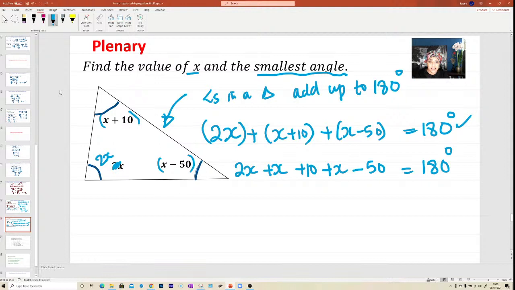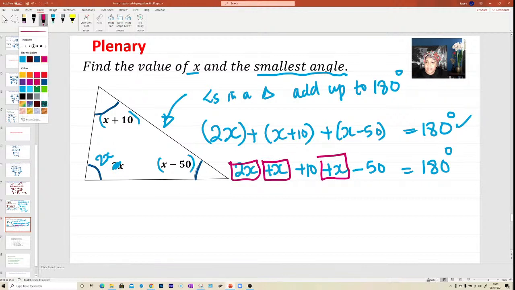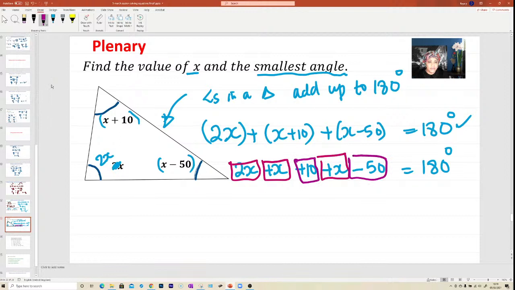Now let's add all the like terms. What are they? We've got 2x, plus x, and then plus x. And then the other ones are plus 10 and minus 50.